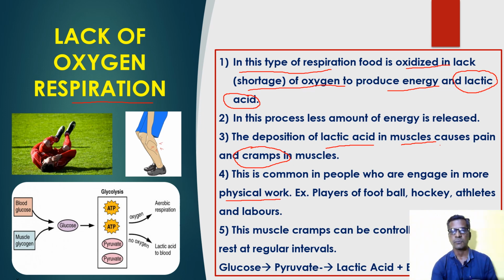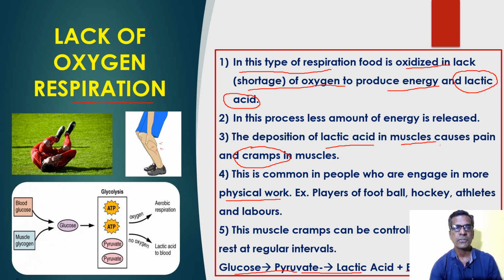So here is a small representation for you. Again, the glucose molecule converts into pyruvate. In the lack of oxygen, the pyruvate liberates lactic acid and energy in the form of ATP. Dear students, you can notice here a player who has muscle cramps. He is suffering a lot of pain.